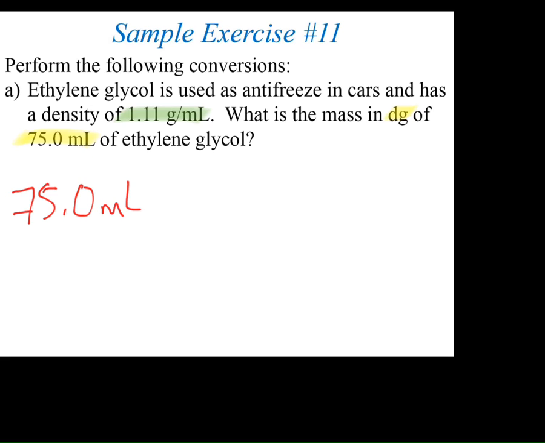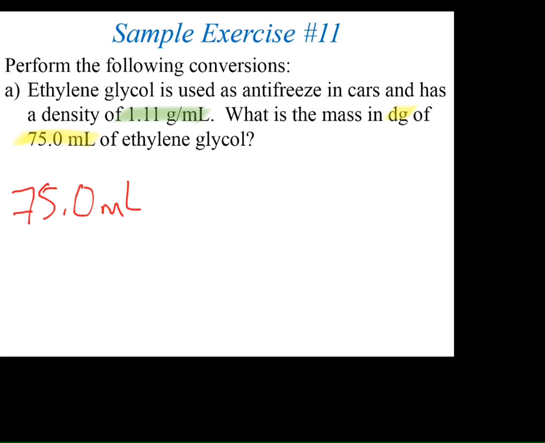So what's the first step? How could I start down the road from milliliters towards decigrams? I could do milliliters to grams. How could I do that? Use the density, because the density does that.